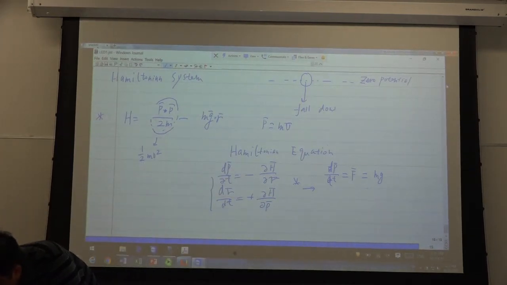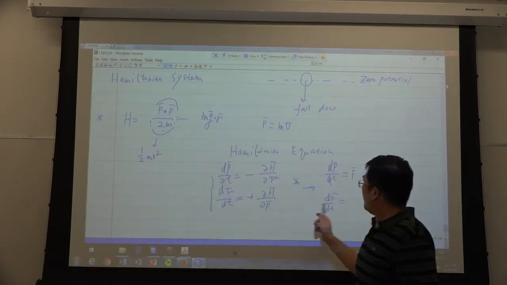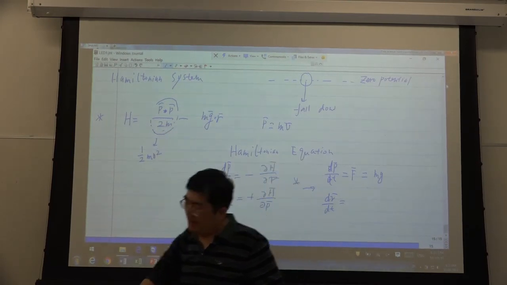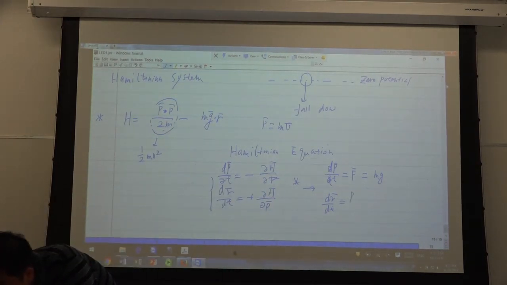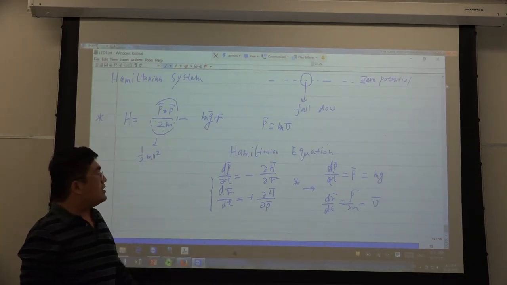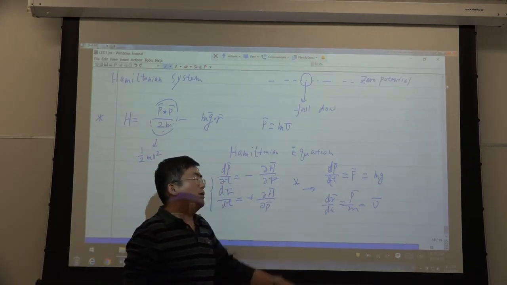The other equation is the same. dr over dt equals partial h over partial p. Partial h over partial p, from p squared over 2m, is just p over m. So this is just velocity equal to the change of the displacement.